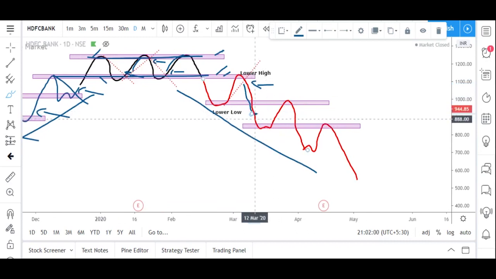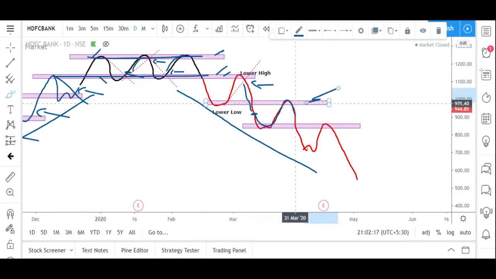Okay, and again you wait for a pullback, not the support. You wait for a pullback, and when it comes to the support, this is the support region.